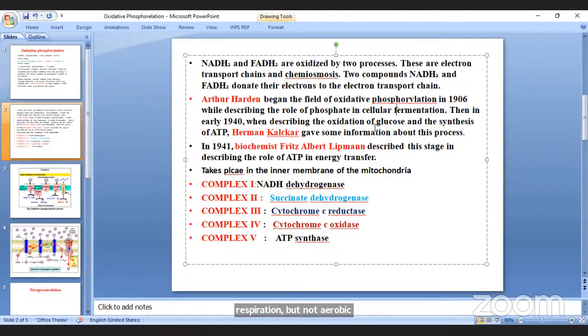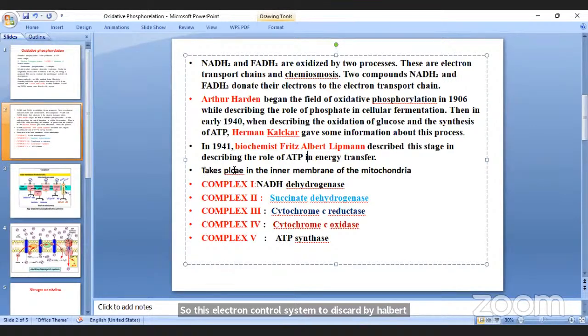Later, the oxidation of glucose and synthesis of ATP was discovered by Hermann Kalckar in 1941. Albert Lipmann described the stages of ATP energy formation. So this electron transport system was discovered by Albert Lipmann.